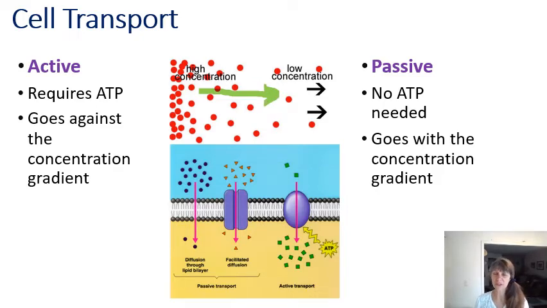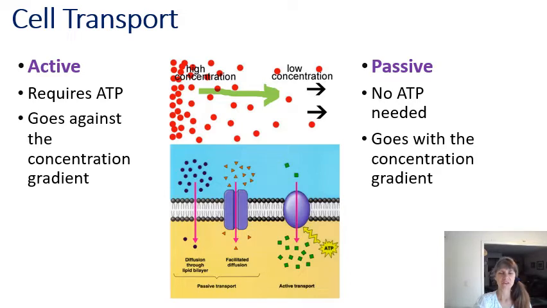They're going with or down their concentration gradient. Think of a child on a slide, okay? Kid at the top of a slide slides very easily down the slide. So going down or with the concentration gradient, just nice and easy.